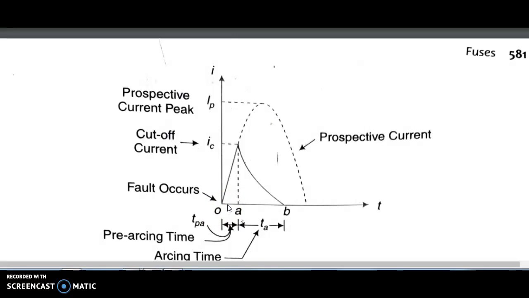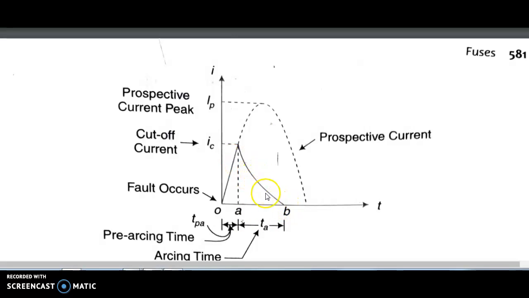What about arcing time? TA, that is arcing time TA. This is the time taken from the instant of cutoff, that is arc initiation, to the instant of the arc being extinguished, or the current finally becoming zero.